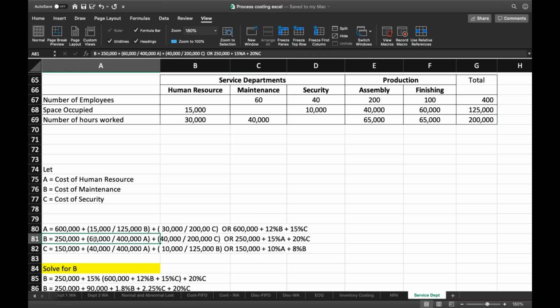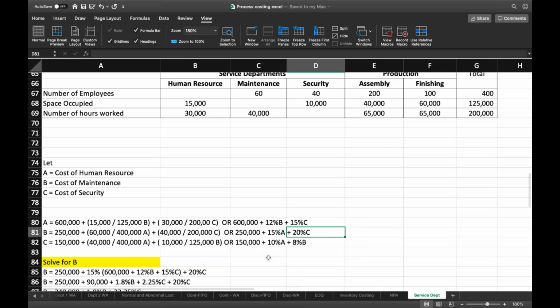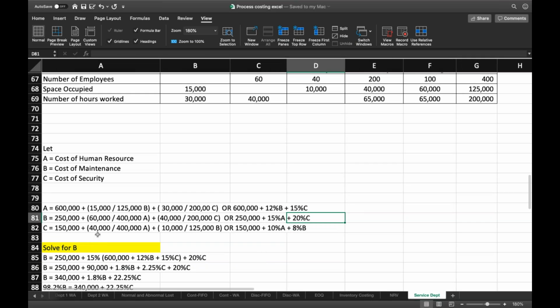That's 60 over 400, or simply 15% A plus 20% C. Okay, so for C it is 150 plus 40 over 400, or 10% of A, and 10 over 125, or 8% of B.